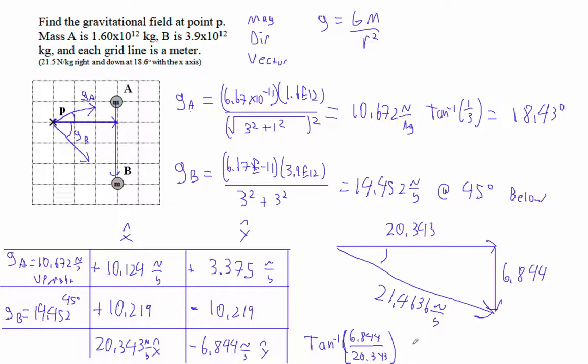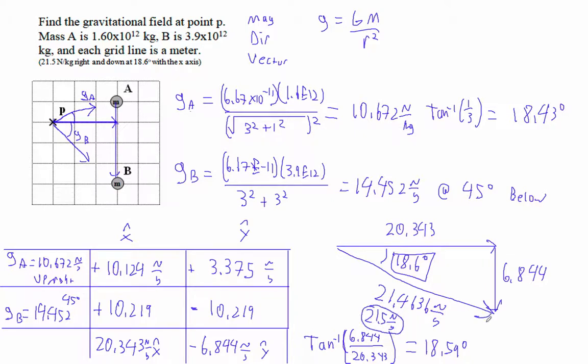I'm getting 18.59 degrees. Right, so this is 18.6 degrees would be that angle, and then we'd have to round this to 21.5 newtons per kilogram.